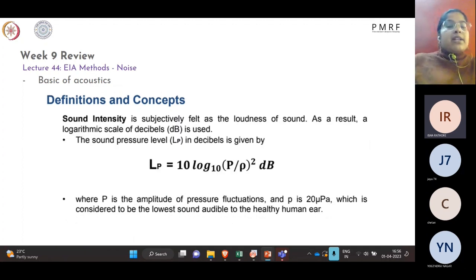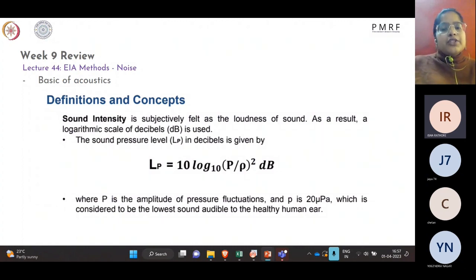And then we looked at sound intensity, which is the subjectivity of sound being felt in terms of the loudness of sound. Different people have different perceptions of sound, but we measure sound intensity based on the amplitude of pressure fluctuations and a standard lowest audible sound frequency.